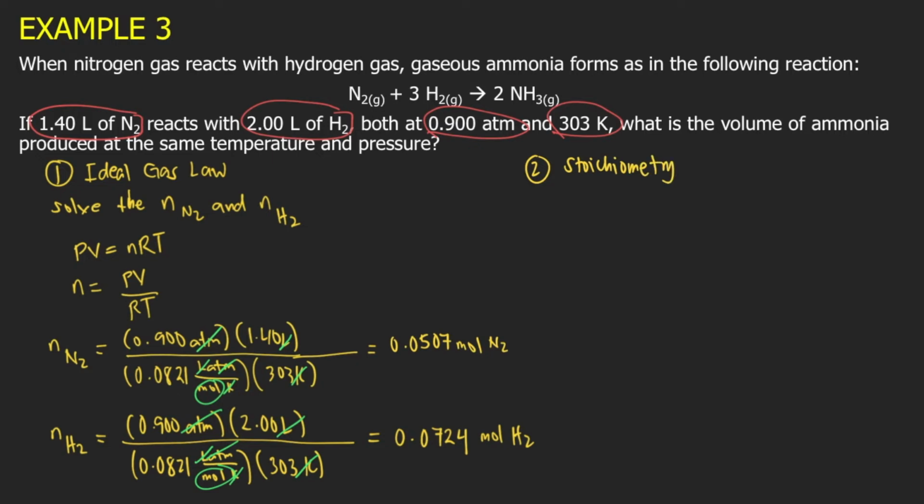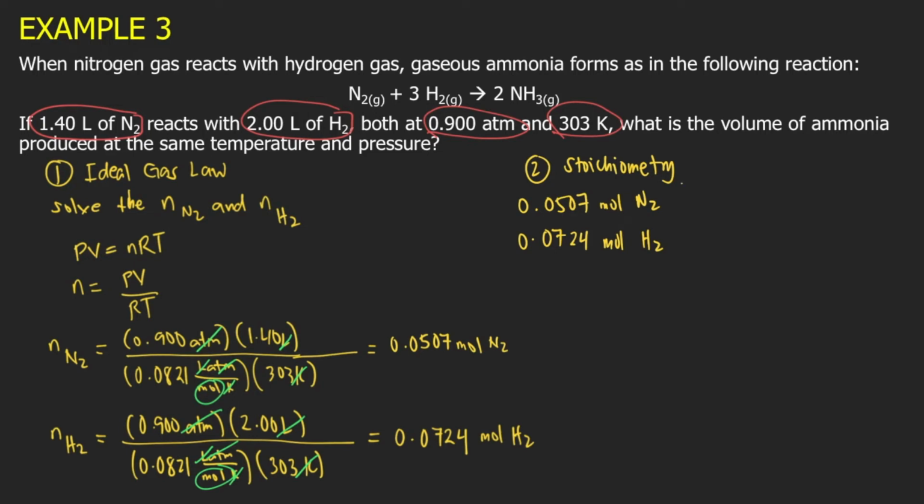So we have two reactants, 0.0507 moles of N2 and 0.0724 moles of H2. Using the balanced equation given in the problem, we will convert each reactant to product.